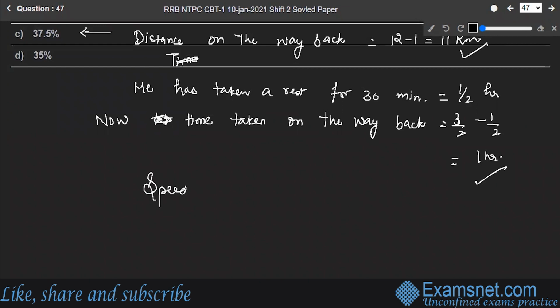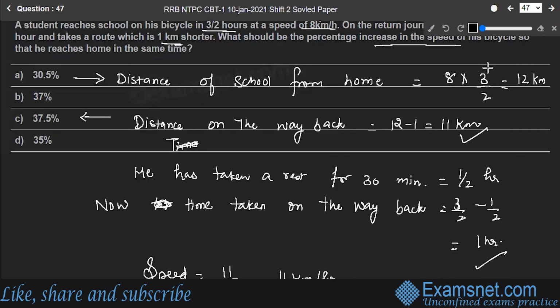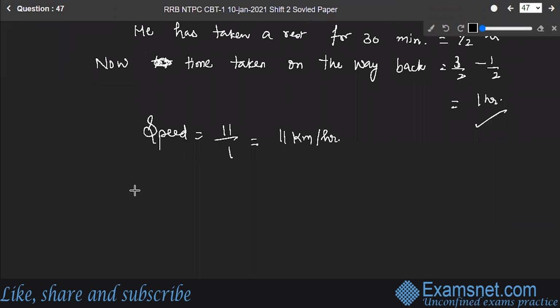So speed in this case will be equal to 11 upon 1, that is 11 kilometer per hour. This is the speed when he's returning back from the school, and this is the speed when he was going to the school. Now the question is, what percentage increase in the speed of the bicycle so that he reaches at the same time? So first speed was equal to 8 kilometer per hour. Second speed was equal to 11 kilometer per hour.